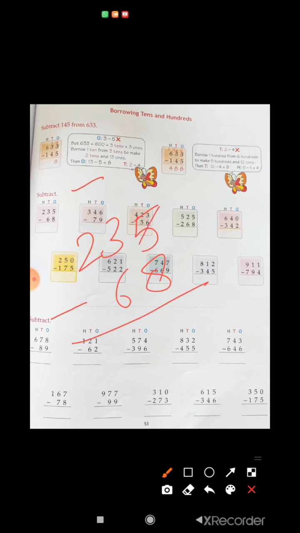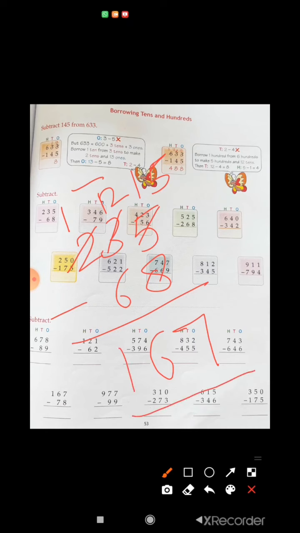Take borrow from 10 side. Here will be 15. Here 2 remaining. 15 minus 8 is 7. Here you see 2 is less than 6. You have to take borrow from 100 side. Here will be 12 and here 1 remaining. 12 minus 6 is 6. 1 minus 0 is 1. The answer is 167.